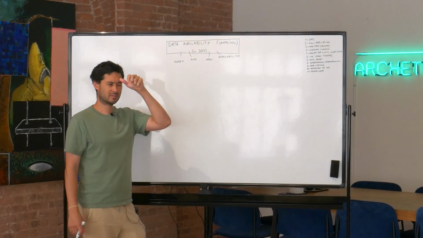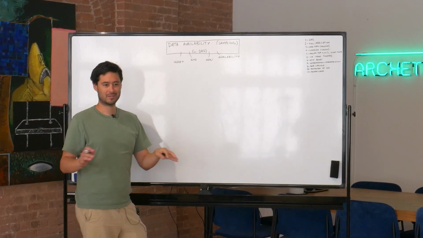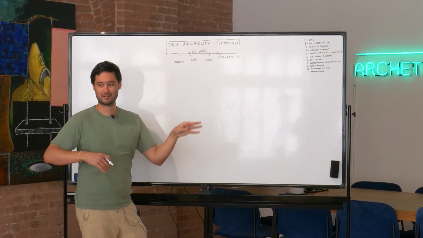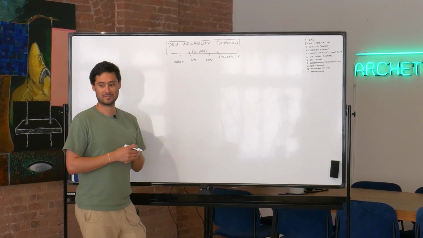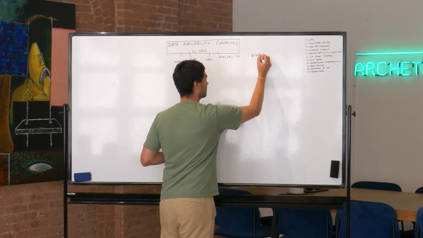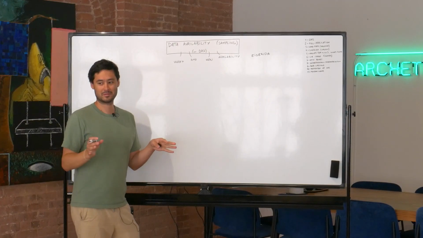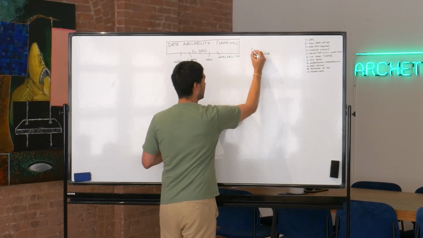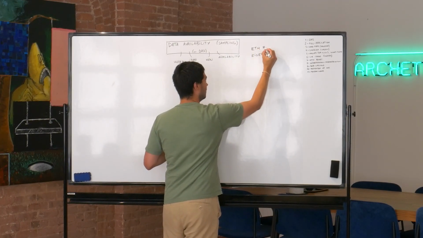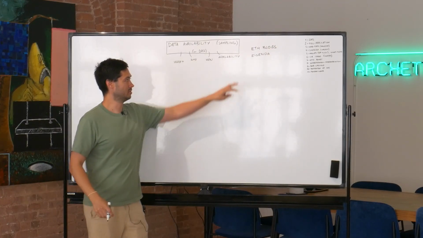Maybe before I start, do you guys know any DAS protocol? Do you want to throw some names out there? EigenDA, okay. Let's write it down. Anything else? Blobs, okay. So we're going to call that Ethereum blobs, unless there's a different notion of blobs.